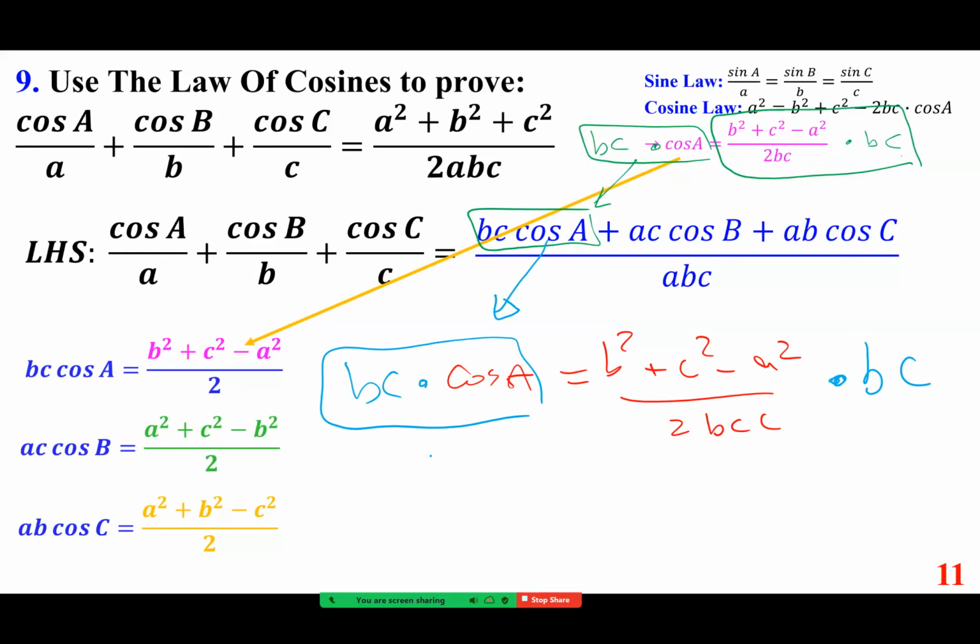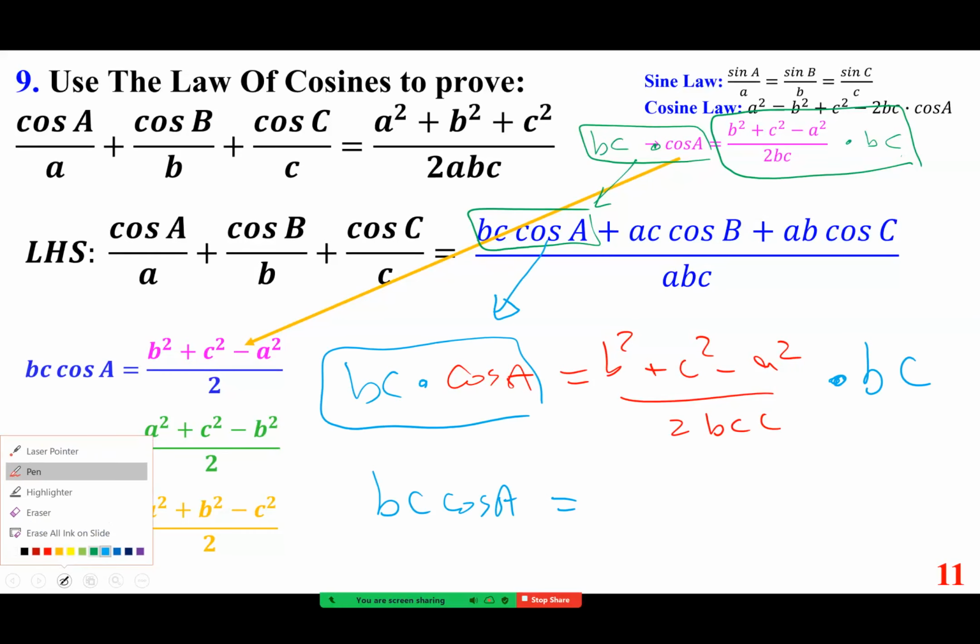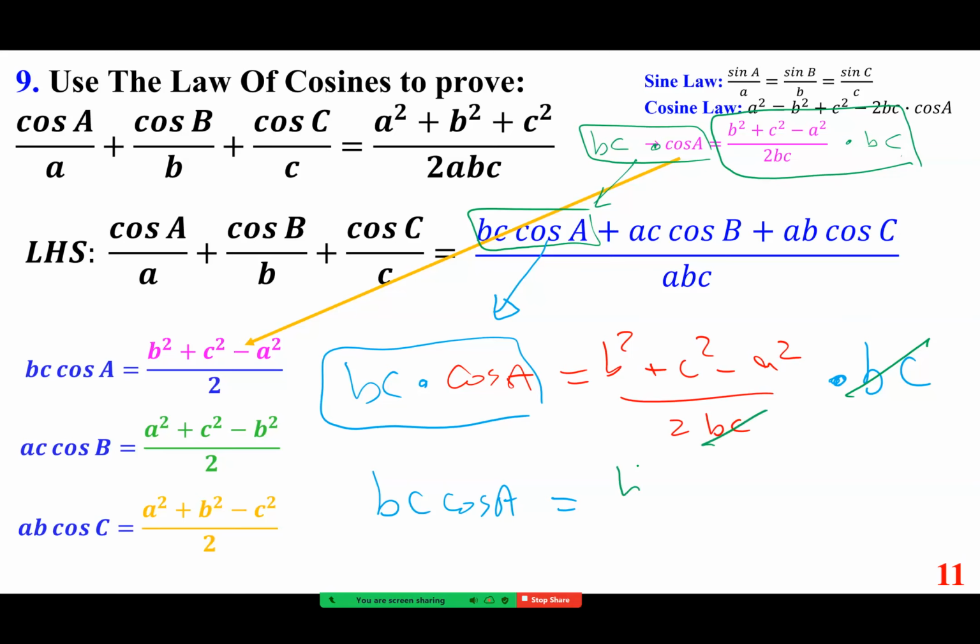So the left side becomes BC cosine A. The right side, BC cancels out the BC. We get B squared plus C squared minus A squared over 2. Is everybody okay with this, class?